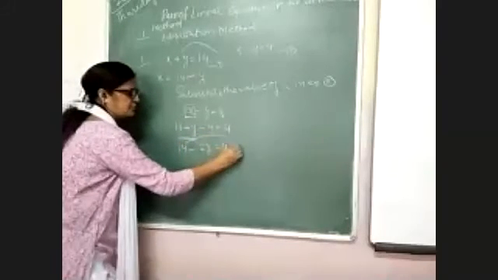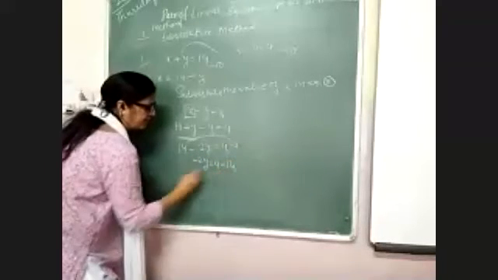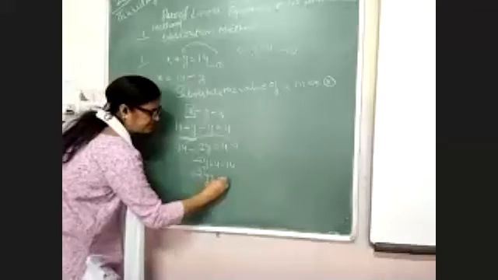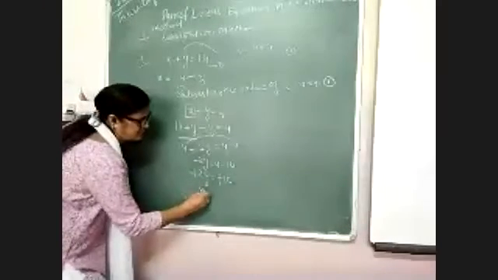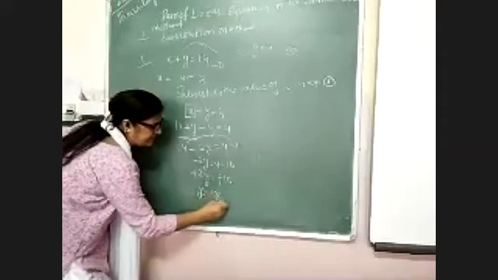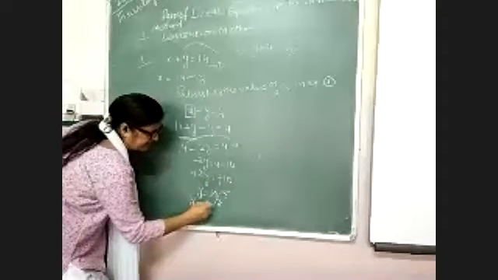You will transpose 14: 4 minus 14 becomes minus 10, minus 2y equals minus 10, cancel minus with minus, so the value of y is 10 divided by 2, so the value of y is 5.